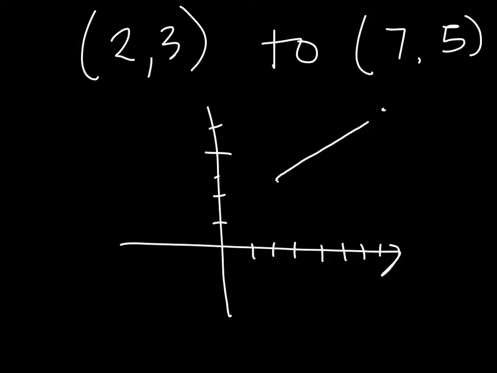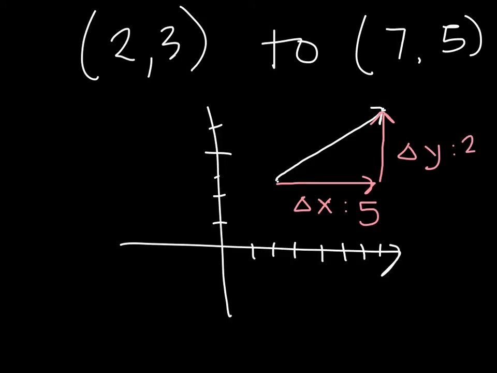And so we are looking for the vector from 2, 3 to 7, 5. And so we can simply look at the change in x and the change in y. The change in x here is from 2 to 7, so that's 5. And the change in y is from 3 to 5, so that is a positive 2. And so this vector here can be written as the vector 5, 2.